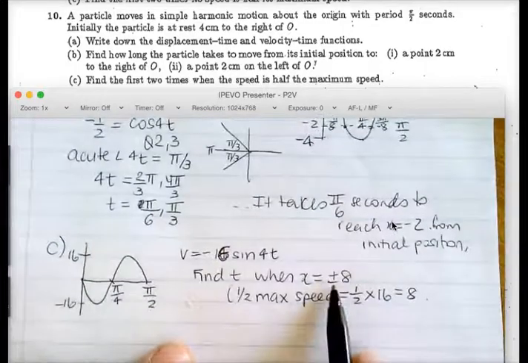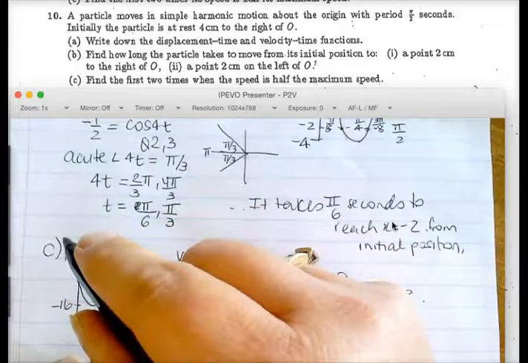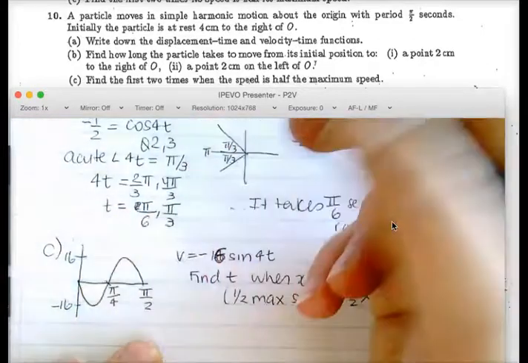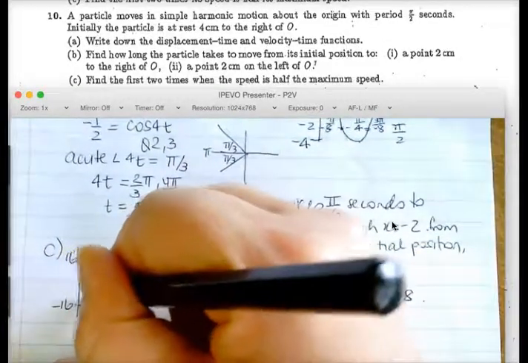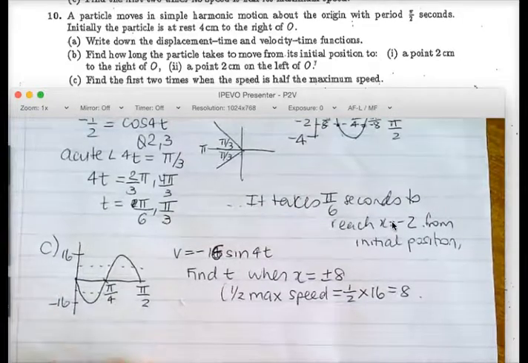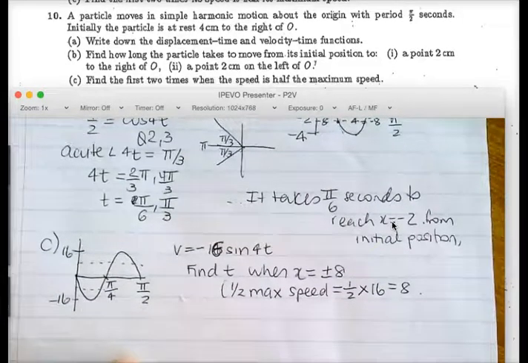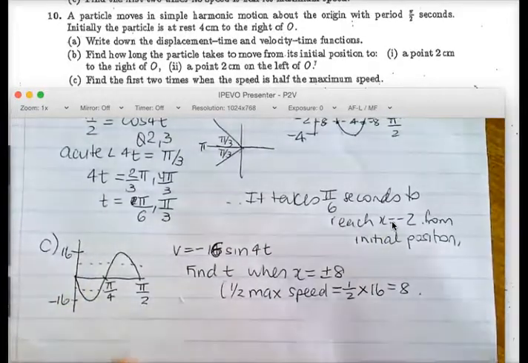Now, I have to do plus or minus 8, the 2 times. There's more than 2 times. There's the first 2 times. Find the first 2 times. So, yes. Can you see it's negative? There we go.